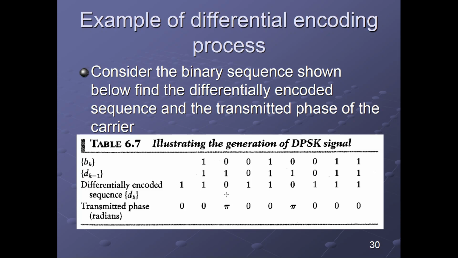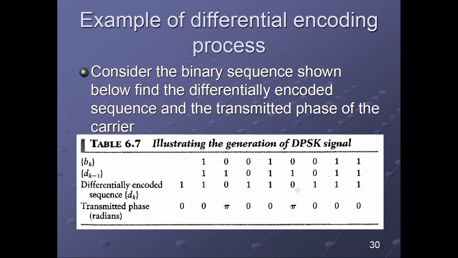When 0 comes, change this bit and make it different than the previous adjacent one. So if it was 1, make it 0; if it was 0, make it 1. Now another 0 comes. What's the previous? 0. So this must be 1. Then 1 comes, and this one, keep it unchanged. And you continue like this.